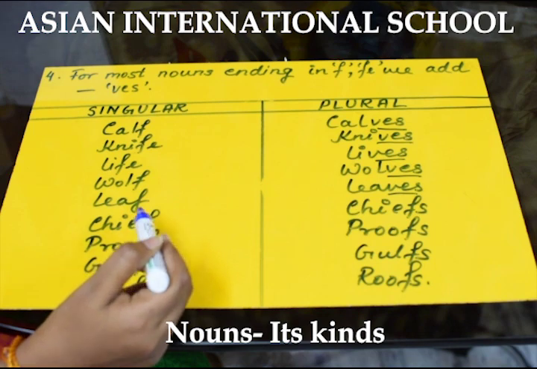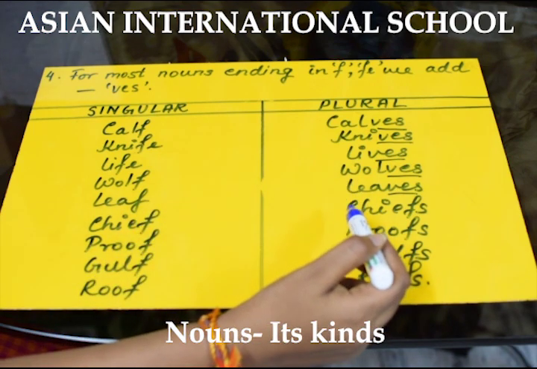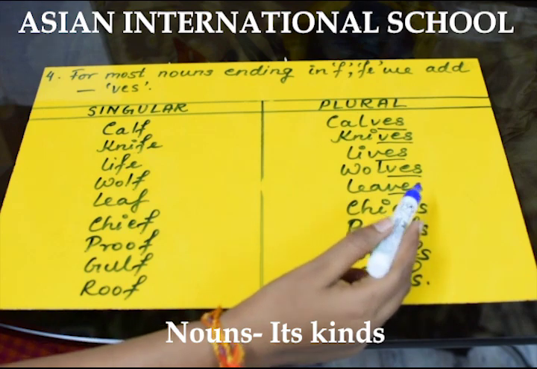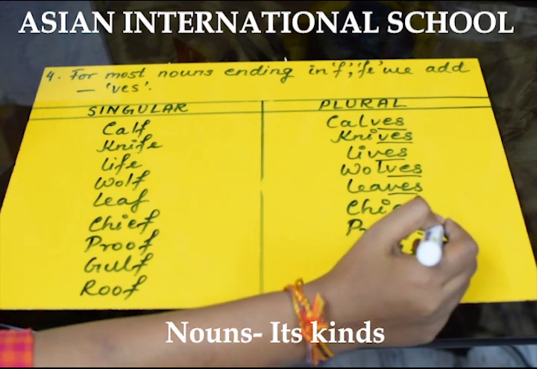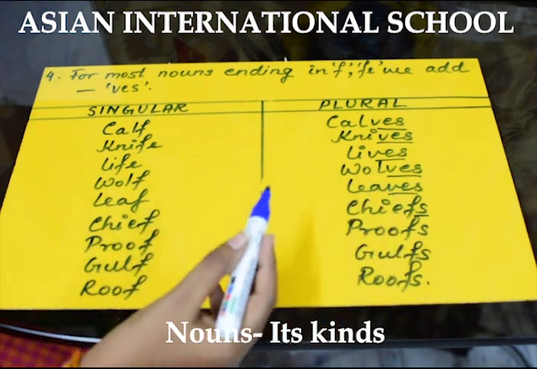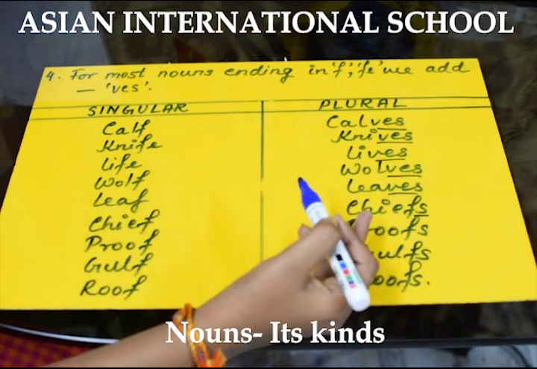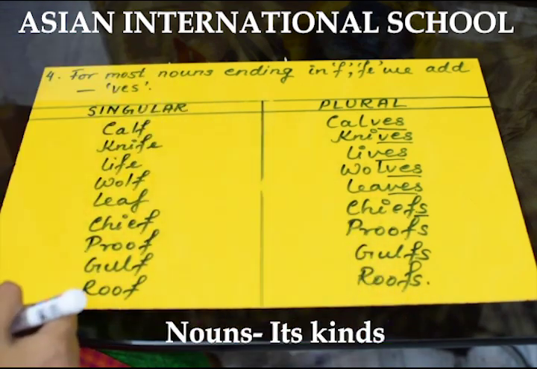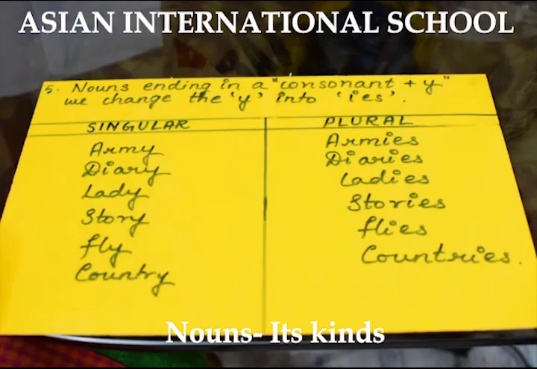When we change this word into its plural form, instead of adding ves, we just add s. So chief becomes chiefs. Similarly, proof becomes proofs. Gulf becomes gulfs. Roof becomes roofs.